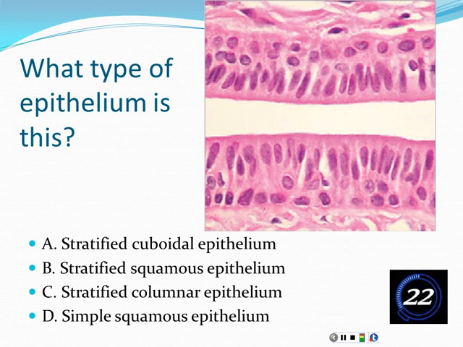I'm going to end this one early because this is not a good picture. I would never give you one like this. This is actually a stratified columnar epithelium, but we didn't really look at an example of that, so just forget you ever saw that.